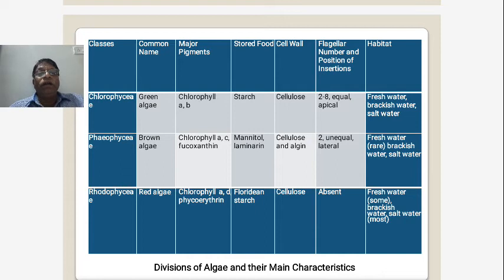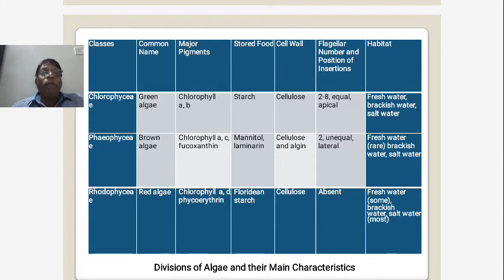Now we shall see the first one, the class Chlorophyceae. The members of the class Chlorophyceae, as you know, are commonly known as green algae. Okay. Why we call them green algae? It's also very important. See the next column.